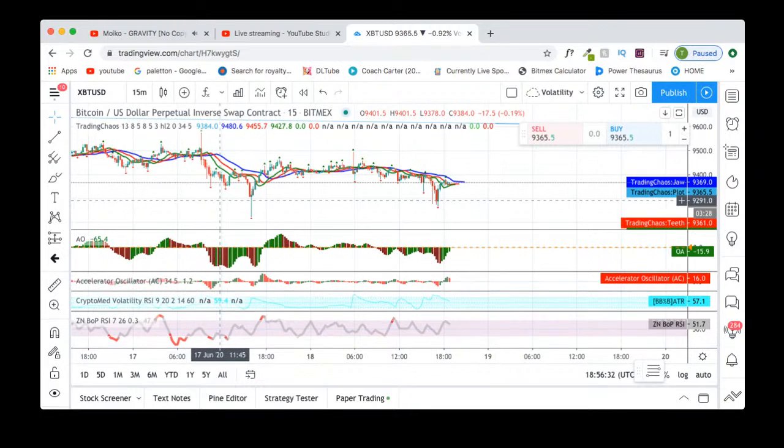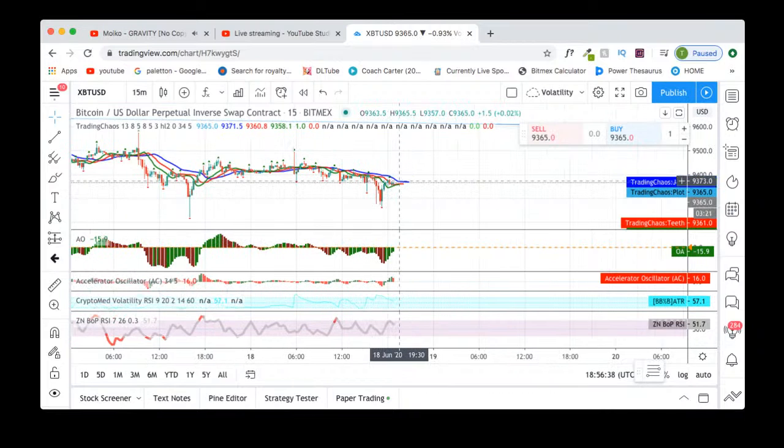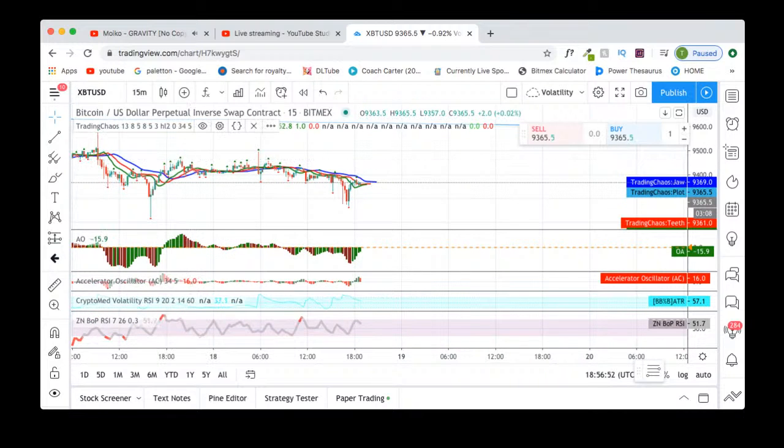So we're almost in a wave 5. And this could go anywhere since it's an ABC correction after a wave 5. It's bearish right now.